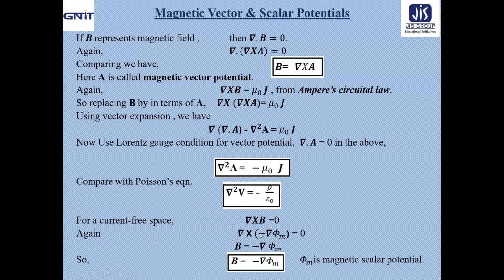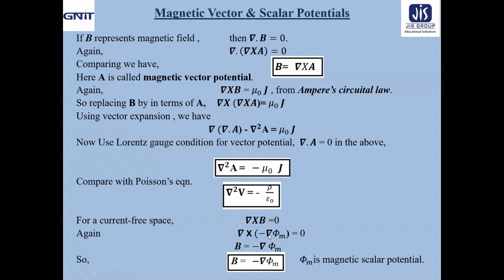That grad may be minus grad also, because plus and minus grad give us the direction perpendicular to the surface phi equal to constant. Plus means it is upward, minus means it is downward. So there is no harm. You can take curl of plus grad phi or minus grad phi equal to 0.